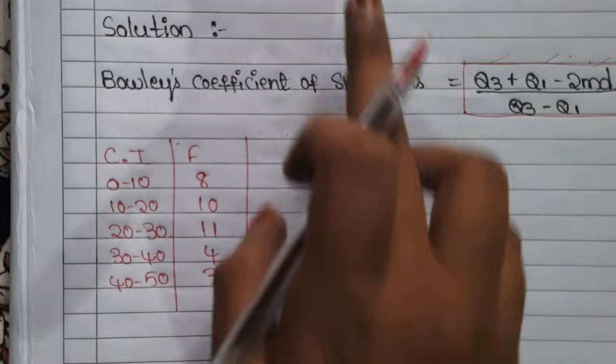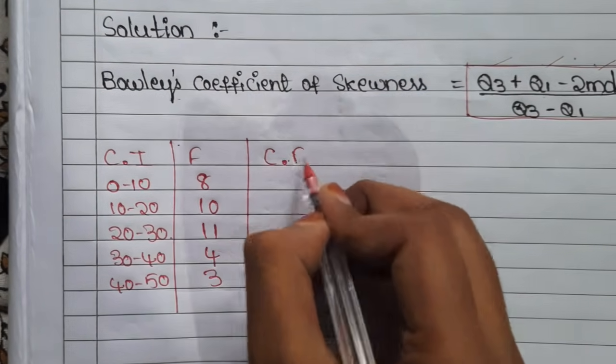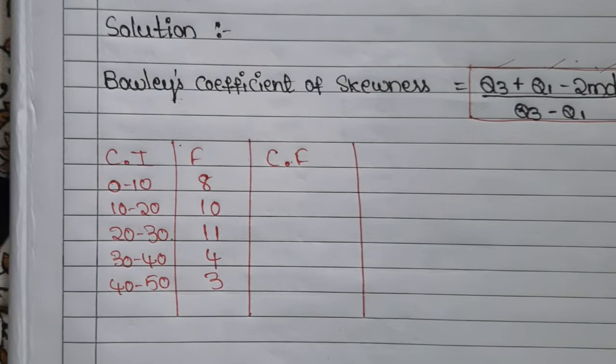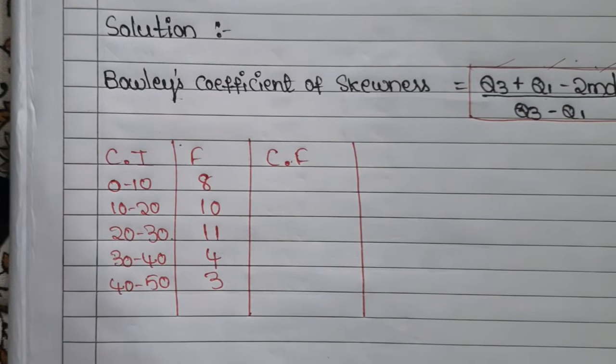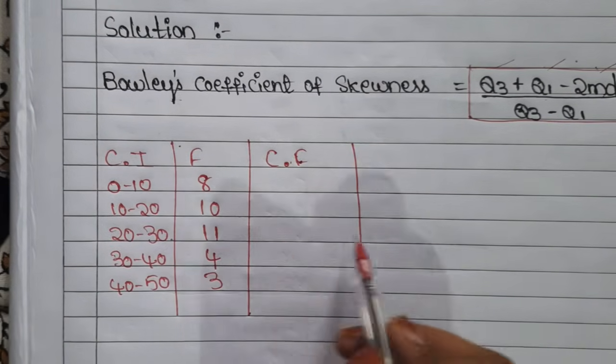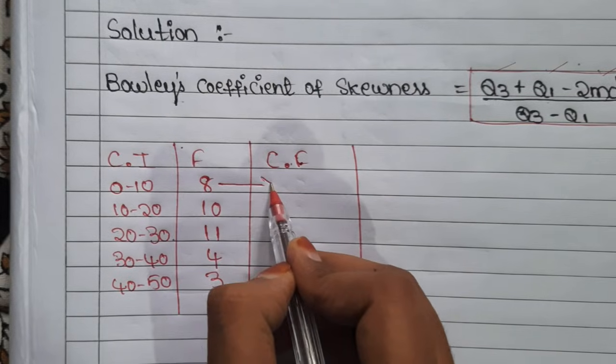After getting both of these from the question, we should find the cumulative frequency. In our previous videos on the calculation of mean, median, mode, I have shown you how to calculate cumulative frequency. The first frequency you take as it is.